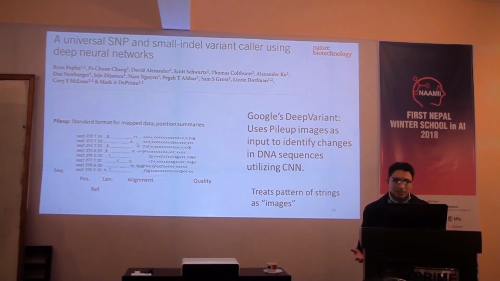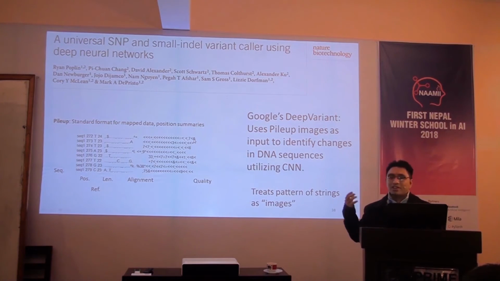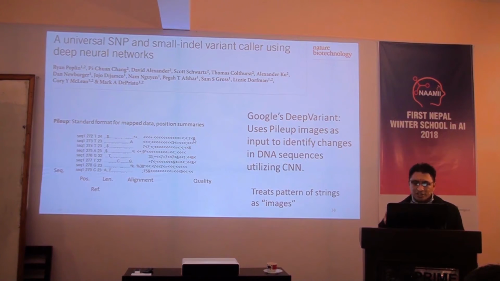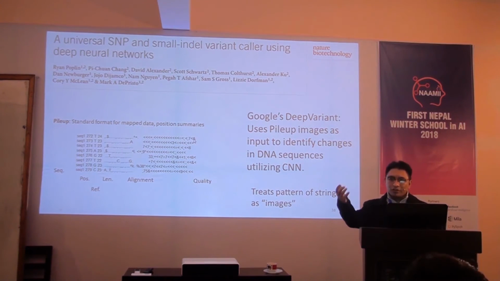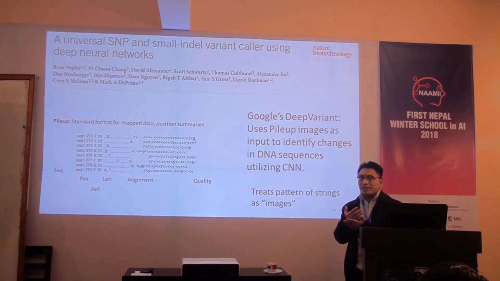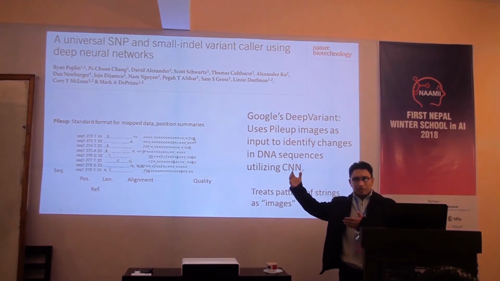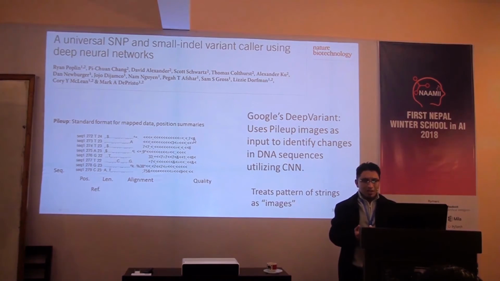And what they did was they looked at these patterns of strings and treated them as an image, right? And then they tried to learn information from all the 3 billion base pairs of human DNA, and they tried to learn patterns to look at what kind of changes that particular individual had as compared to some reference human DNA.